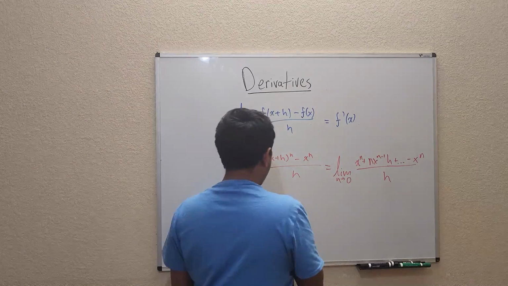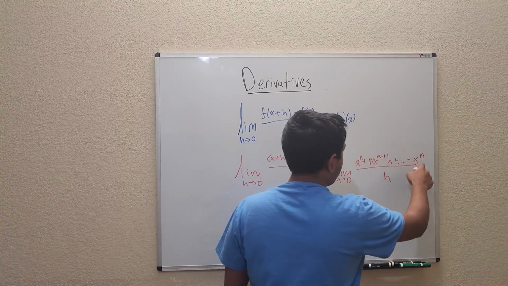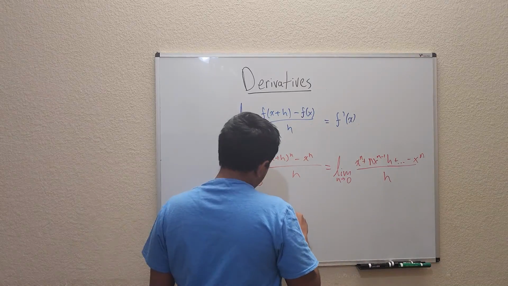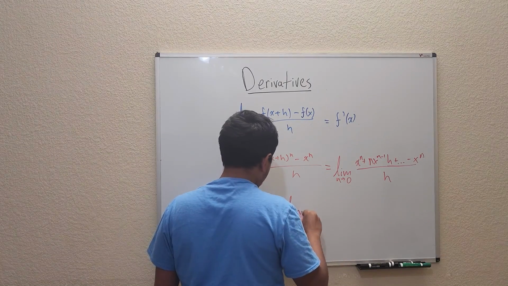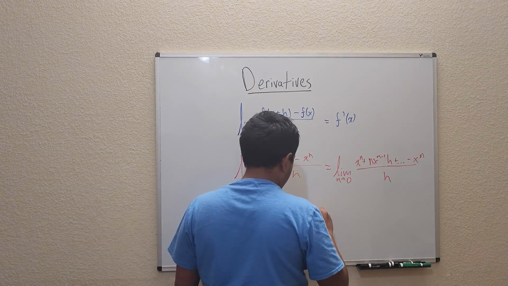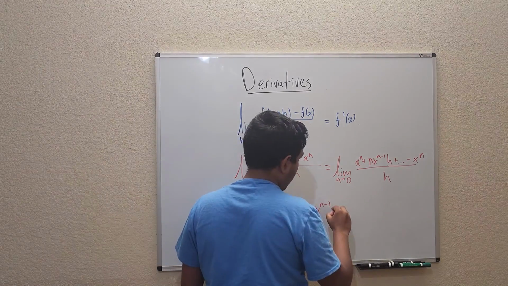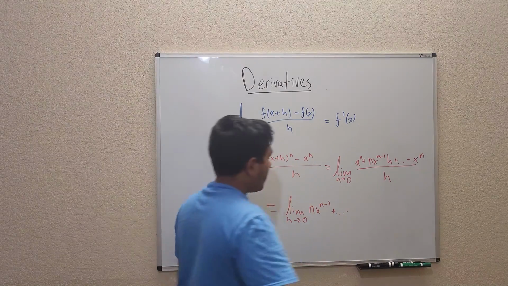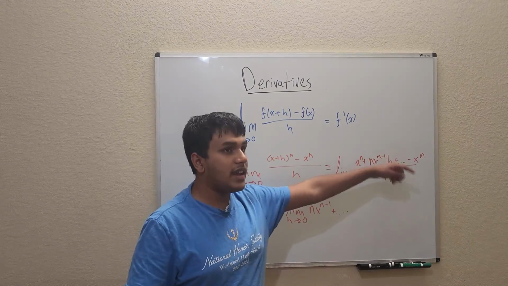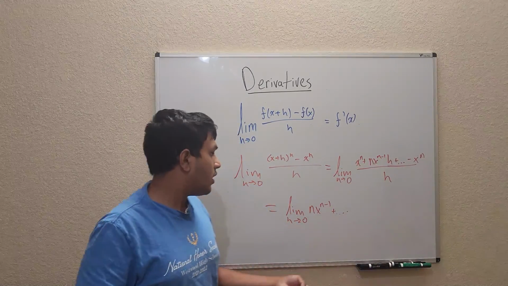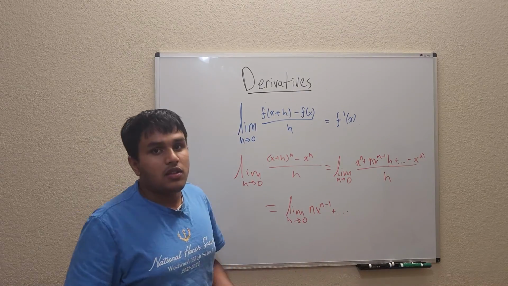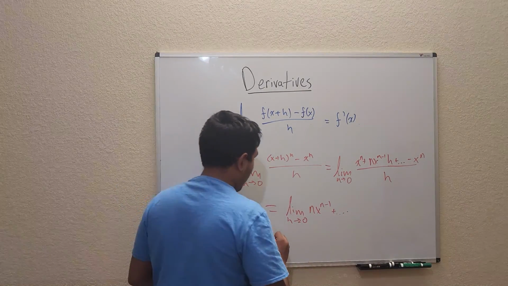Okay, so now we can cancel out this term and this term, and then divide out the h from every other term, and then we get the limit as h goes to 0 of n times x to the n minus 1 plus a bunch of random terms. The reason all those terms are useless is because since they were all after this one, they all had h squared or h cubed or h to the 4th, so they will still have an h now. So as h goes to 0, those are all 0, so we don't need to worry about adding them.